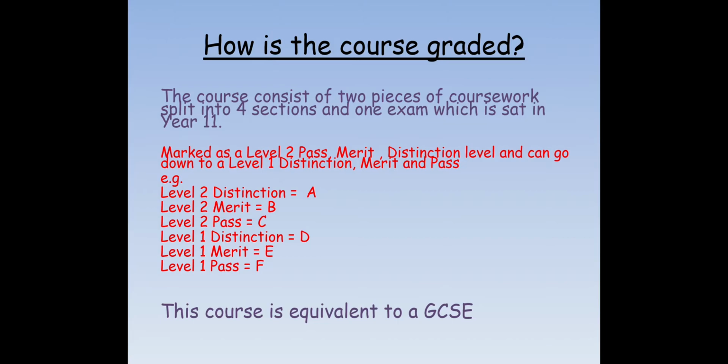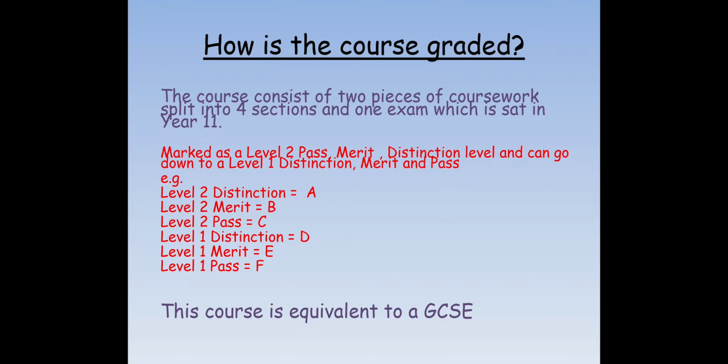Now, this is how it is graded. As you can see at the top there, it says a level 2 distinction. That is the top one, okay? That is an A grade. And I forgot to put that on here, you can get a level 2 distinction star, which is an A star. If you've got distinctions already in your coursework and you get a merit in your exam, you could end up with a distinction, which is an A, or depending on the grade boundaries at that time, you could end up with an A star.